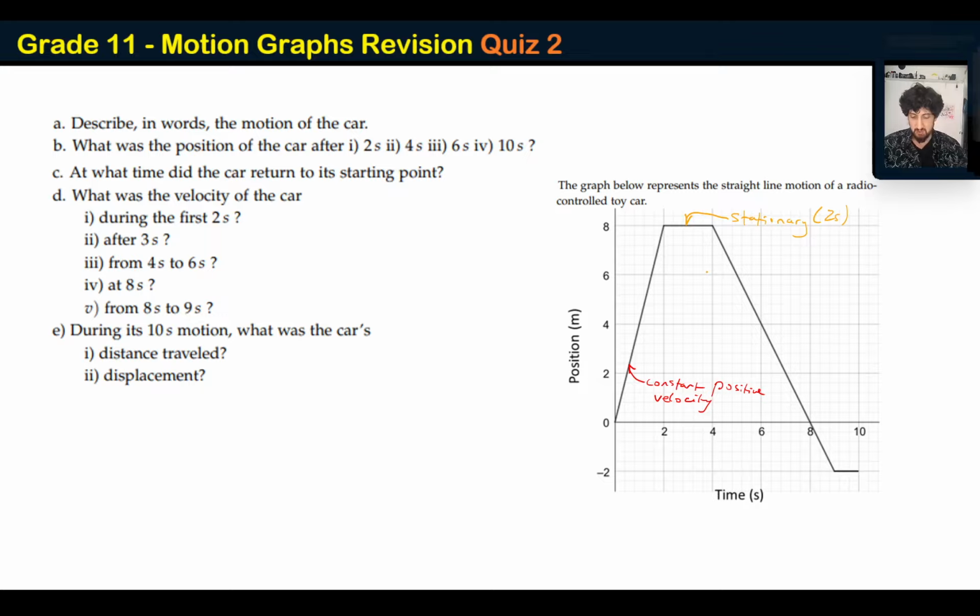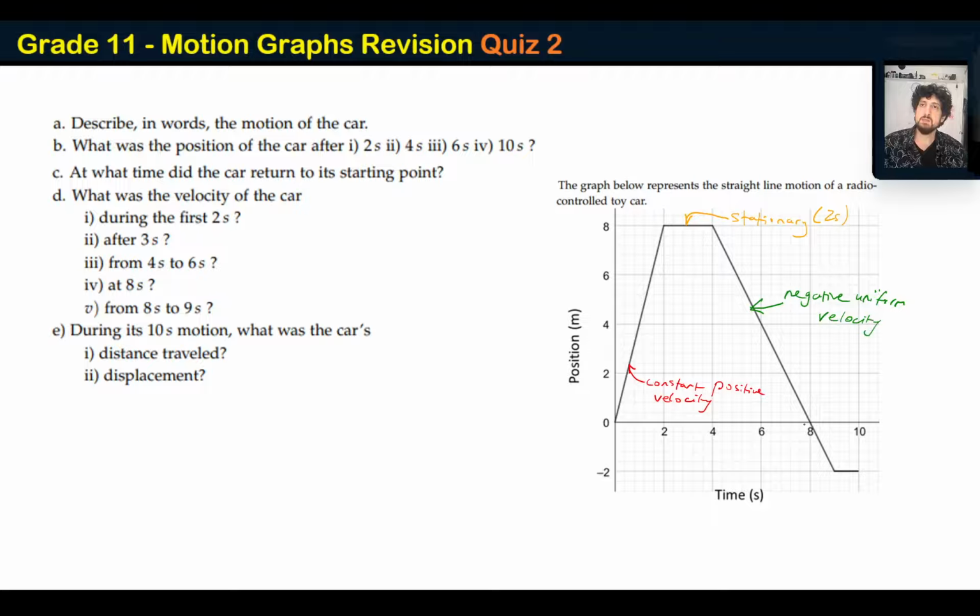And then the last part, I'm going to use green. What is happening with this part is we've got constant velocity as well, but this time it's negative. This time it's going backwards. So it is negative uniform velocity, and I'm going to use uniform this time because I want you to get used to both.